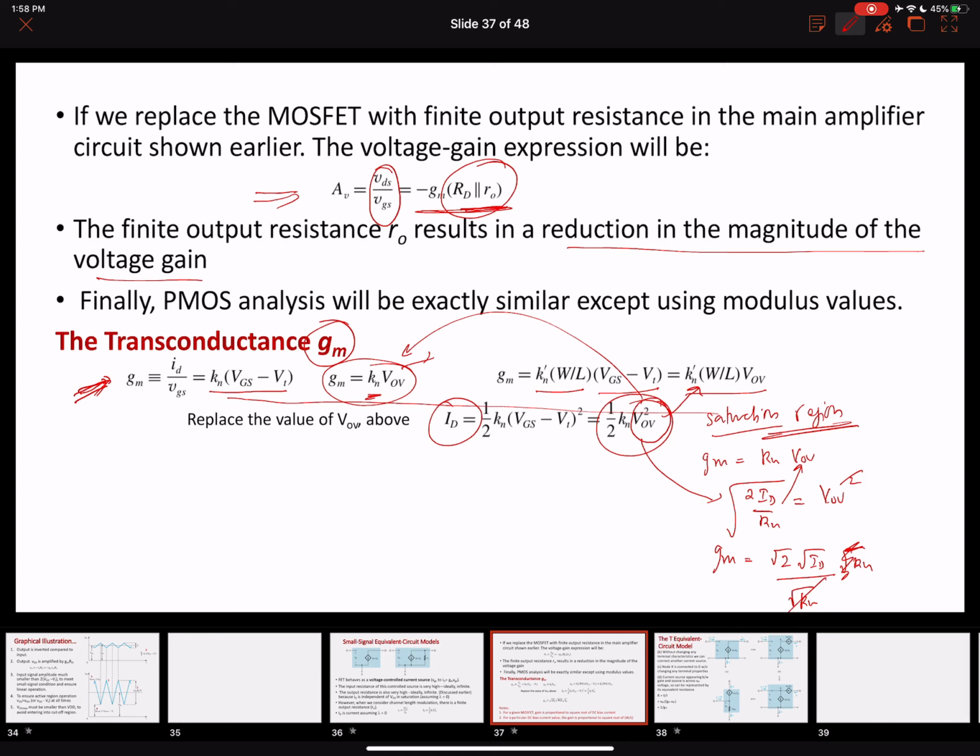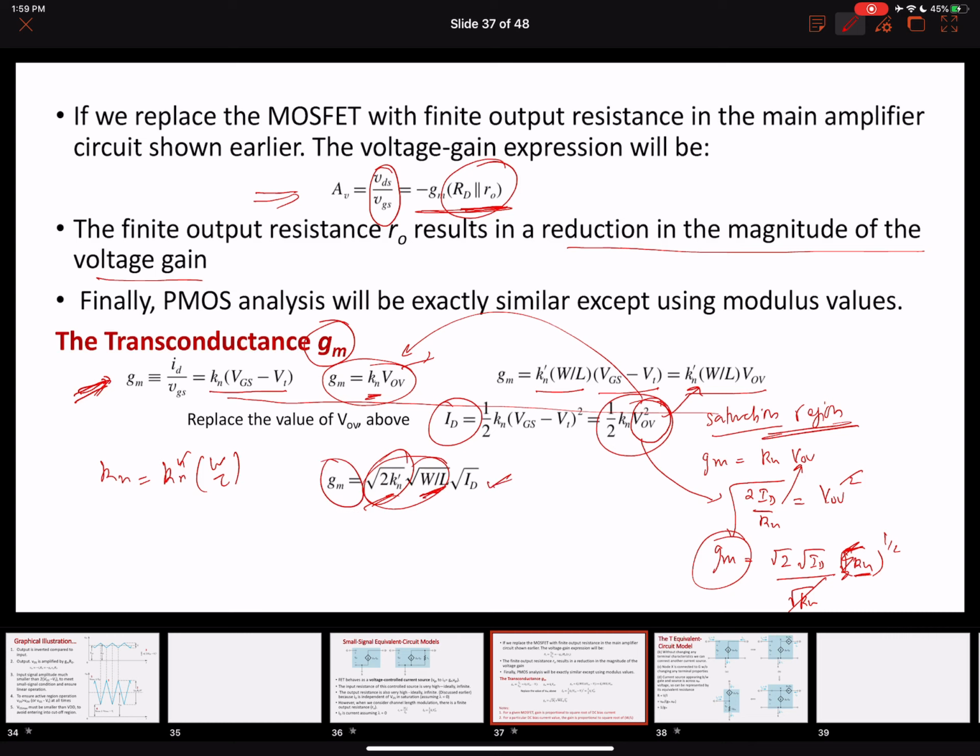This square root ends up putting a power of 1/2 on top. So our GM now will depend on the square root of 2 times Kn times ID. We know that Kn is proportional to Kn dash times W over L. So GM equals the square root of 2 Kn dash W over L times ID.